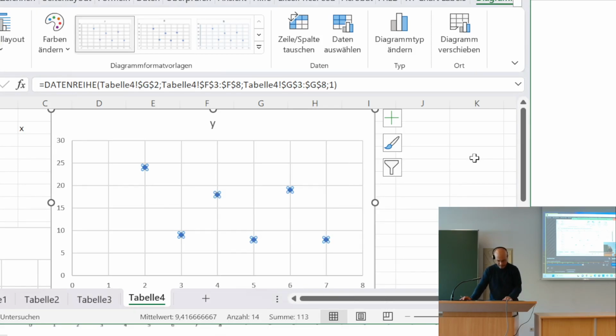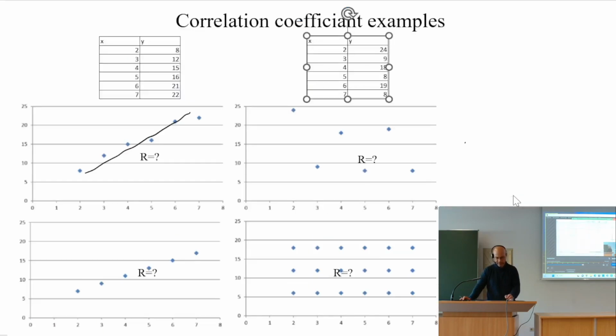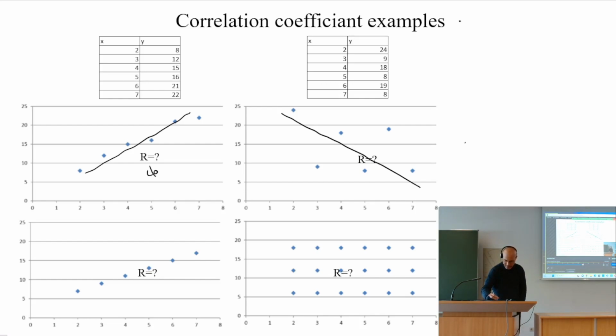What kind of correlation coefficient would you expect for this one? Maybe we can fit in a line like this, so close to 1.